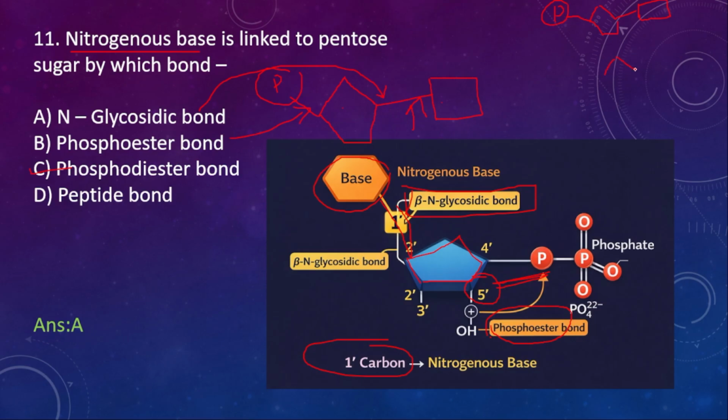If I draw one more nucleotide with another base, this is the phosphate group, isn't it? So here, if the bond between the third carbon and the phosphate happens, then that bond is said to be what? Phosphodiester bond. This is the bond between two adjacent nucleotides. I hope this is clear to everyone.